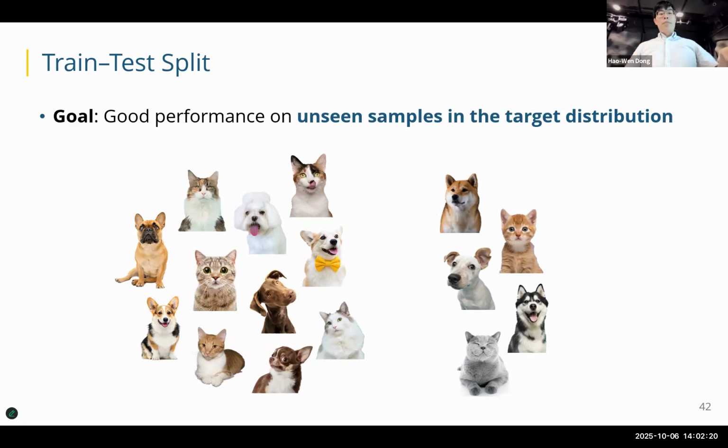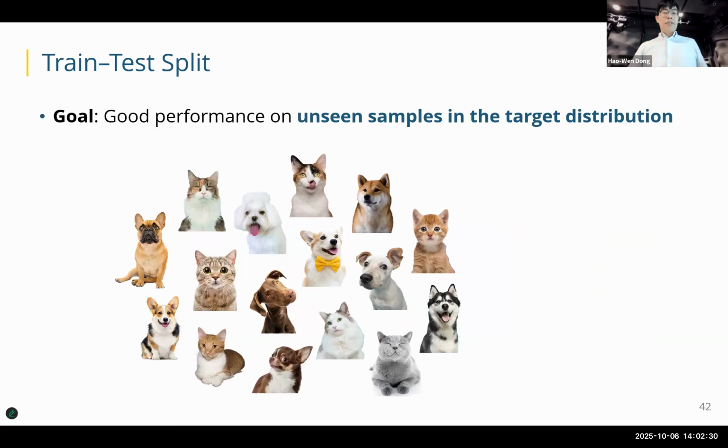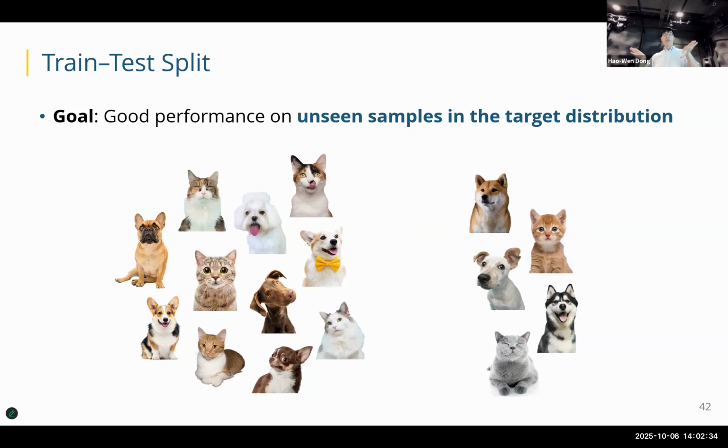So now the idea is how we achieve this. How can we find a good fit that's not too inexpressive or not too expressive? So the idea is basically, can we divide our data set into two? One is training, one is test. Our goal is that the target distribution is like the whole data set that we have.